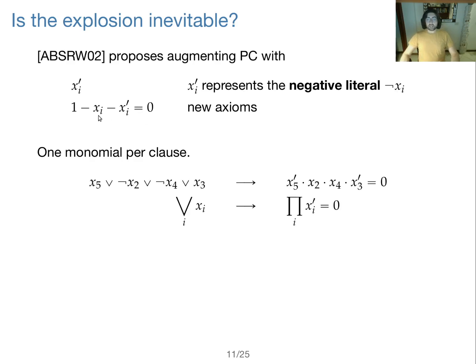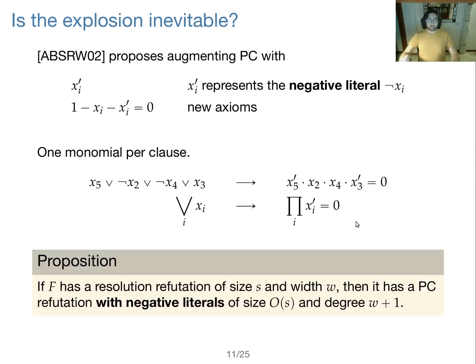Well, this surely fixes the problem with the explosion of encoding the clauses, because see, those clauses can both be encoded as polynomial equations with a single monomial each.